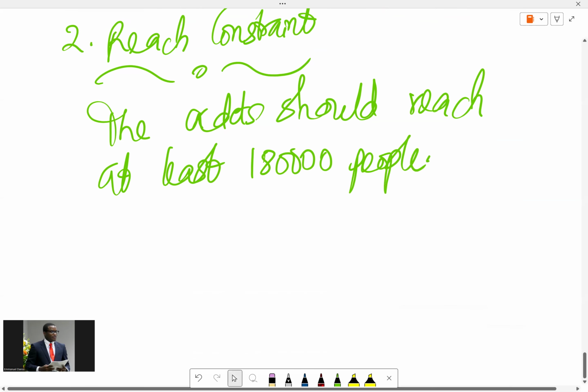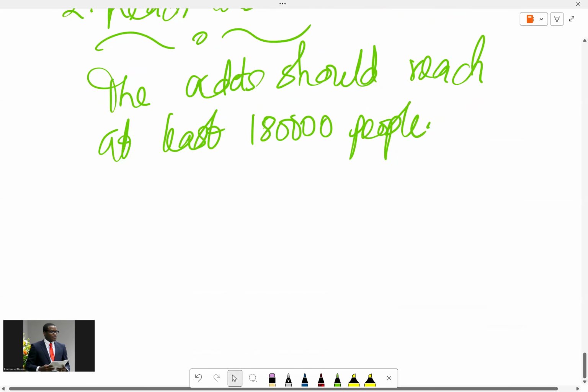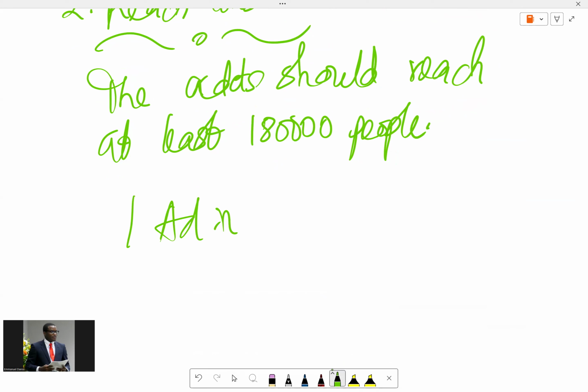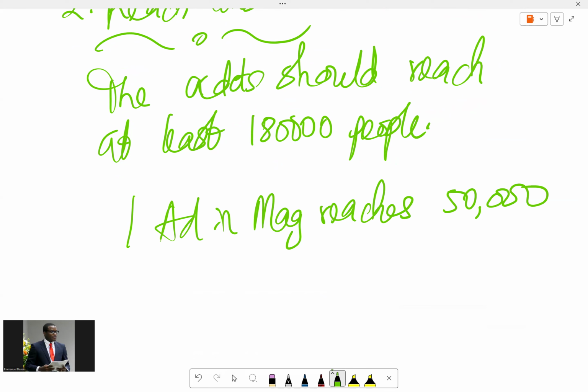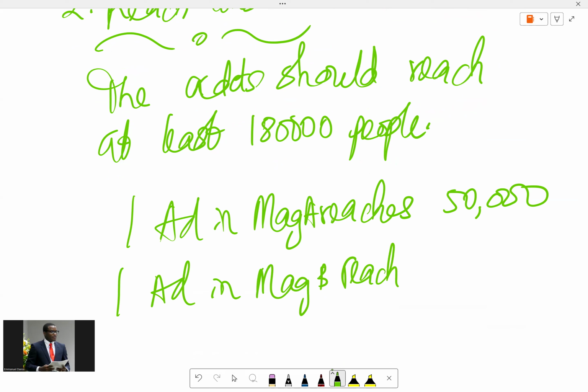So that means one ad in Mag A can reach 50,000 people, like we saw before. Then one ad in Mag B reaches 60,000 people.